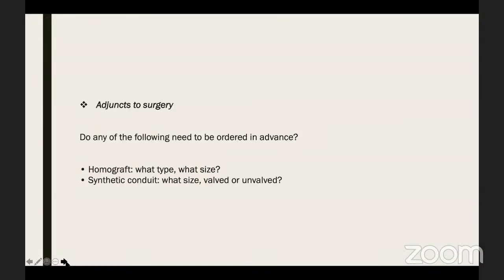Anything else adjacent to the surgery that needs to be ordered in advance, like a homograft, what type and what size, or a synthetic conduit, what size, valved or unvalved, should be ordered early.